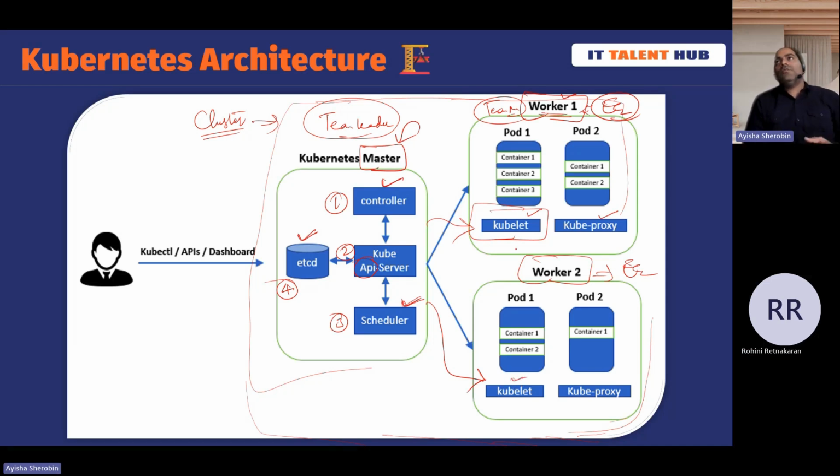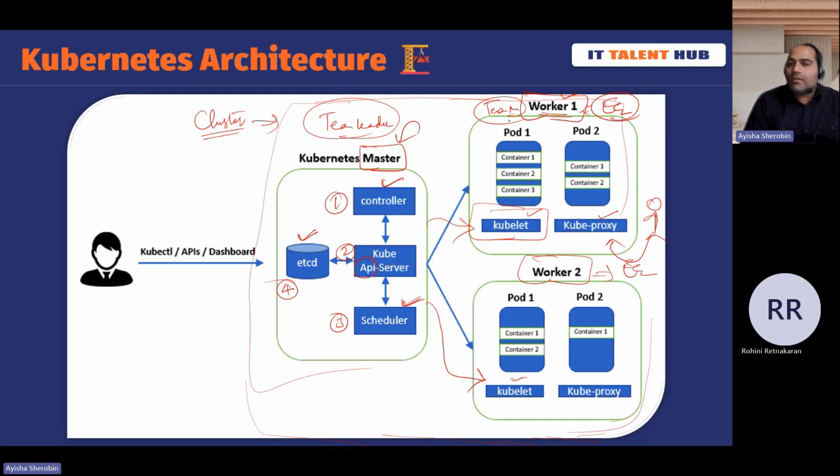Kubelet is like a team member who collects the task from the team leader. And kubeproxy is for external users. Kubeproxy is going to serve the content. It is a component in the worker node which acts as networking for the cluster or worker nodes, serving the content to them.